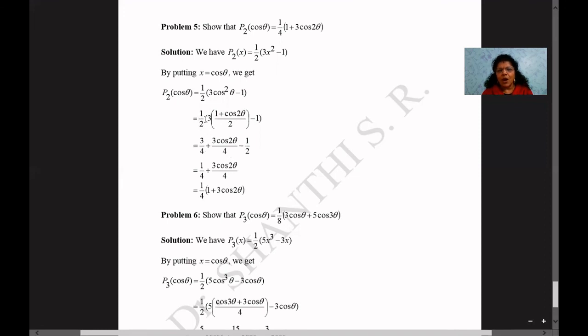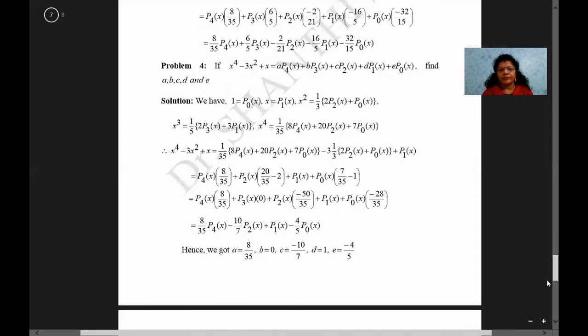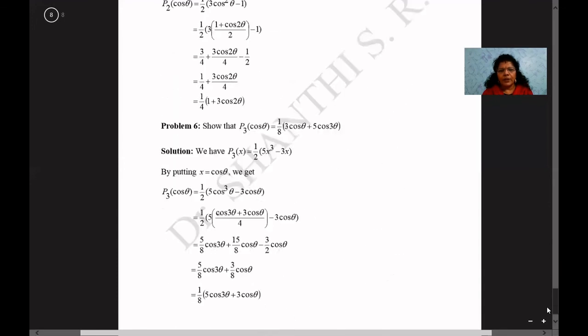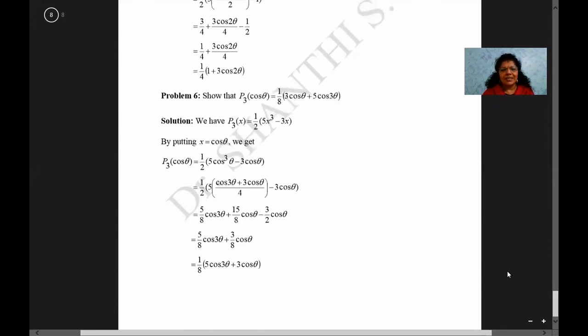This 1 by 2 is common to this minus 1 also, so minus half. 3 by 4 minus half is 1 by 4. Here 1 by 4 is common, we can take outside. You will get the required result, P2 of cos theta is equal to 1 by 4 into 1 plus 3 cos 2 theta.